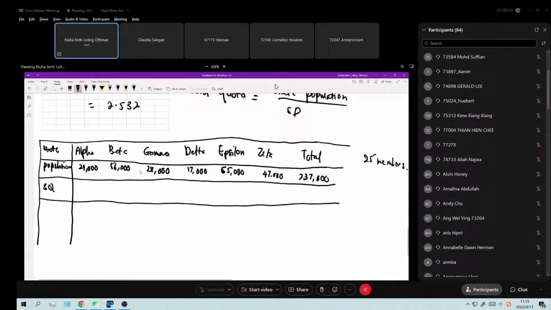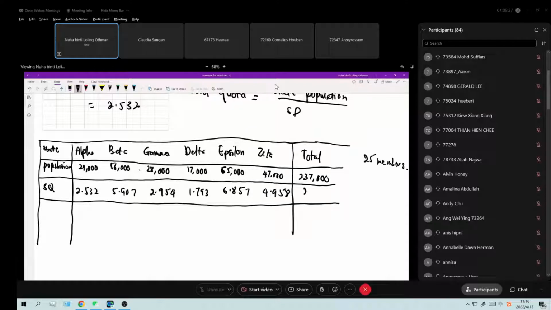Okay, so you need to find them one by one. So this one is 2.532. This is 5.907. This is 2.954. This is 1.793. 6.857. And zeta is 4.958.